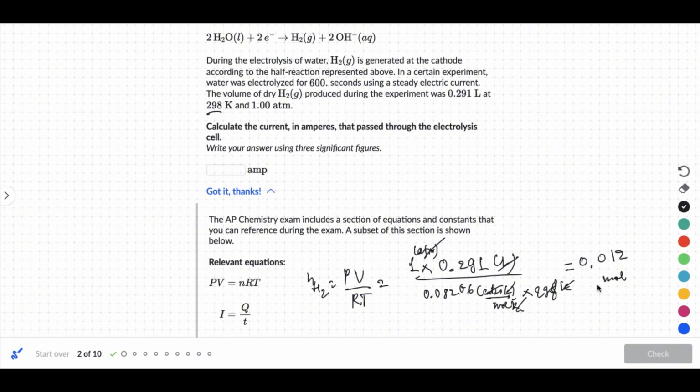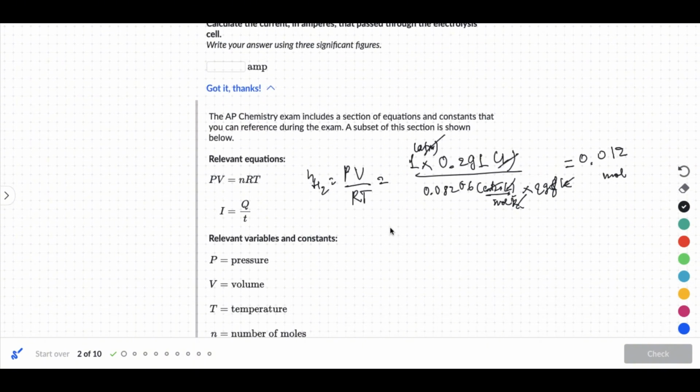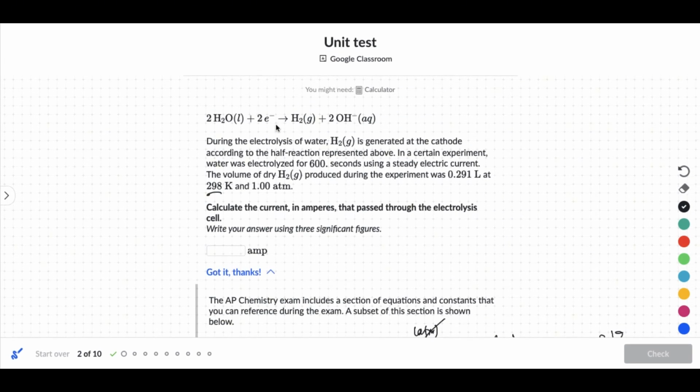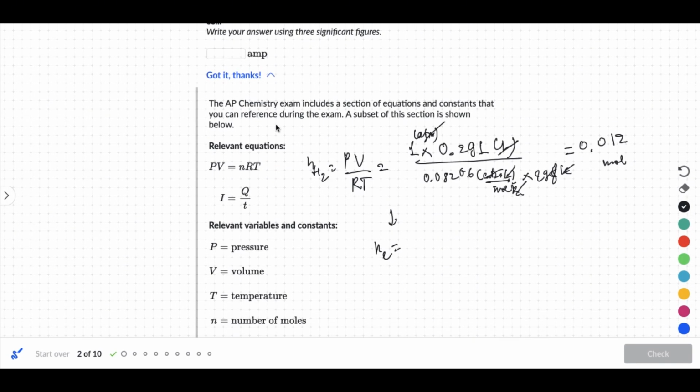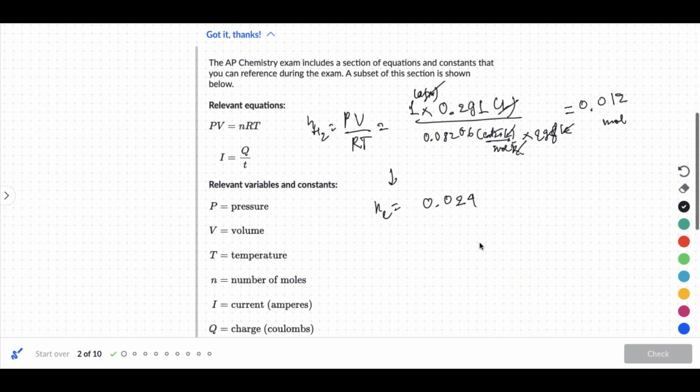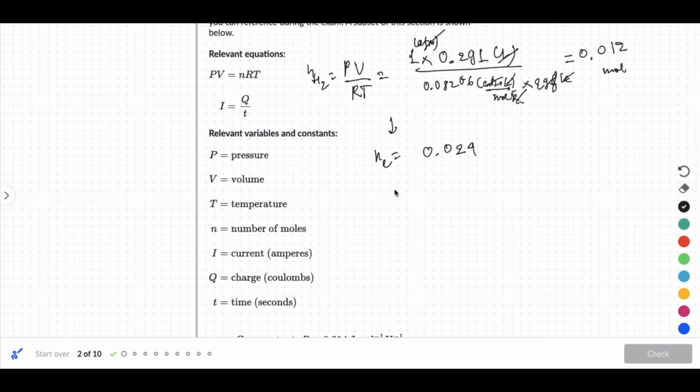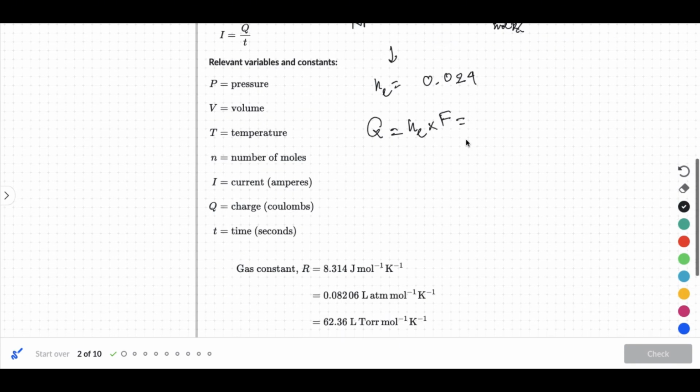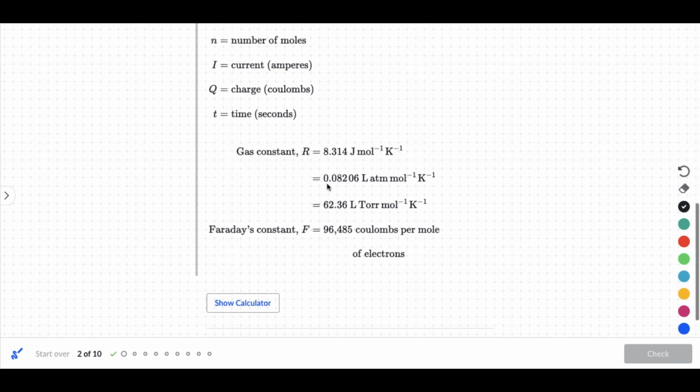Okay, and now we can find the moles of electrons transferred. That would be twice that amount, so we have 0.024, and now we can find the charge. The charge would be that multiplied by the Faraday constant, which is this value.